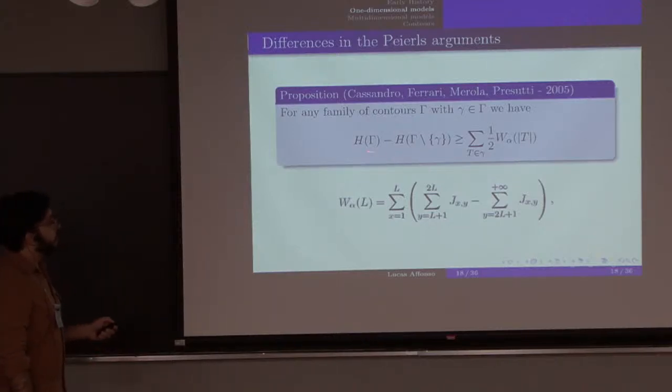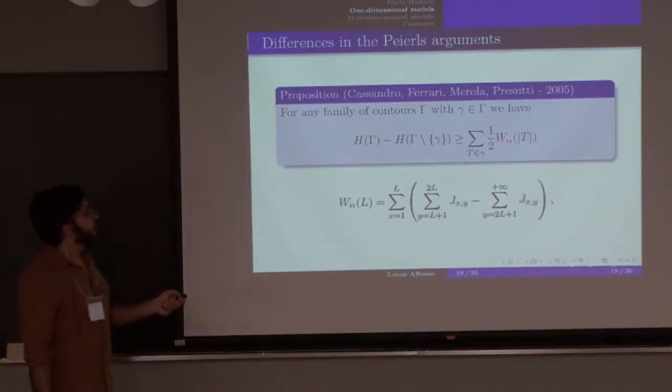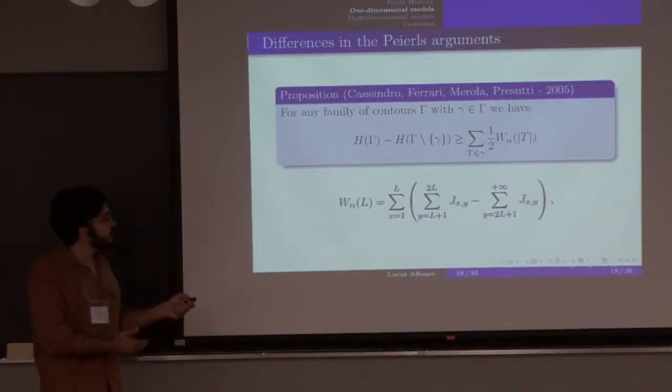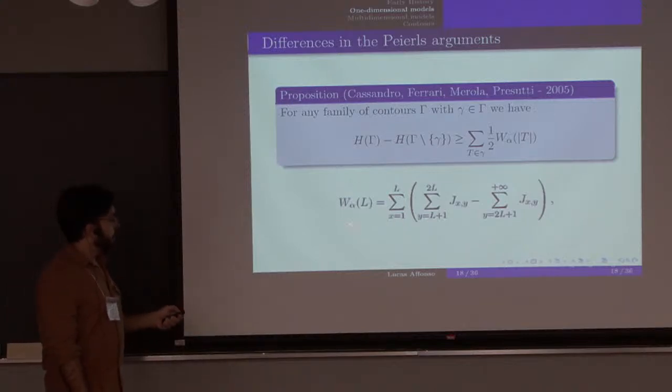get the difference of energies when you erase a contour in terms of another quantity that depends on the triangles. So this has a more geometrical interpretation. The difference of energies depends on some function of the triangle configuration, and this quantity is this expression over here.